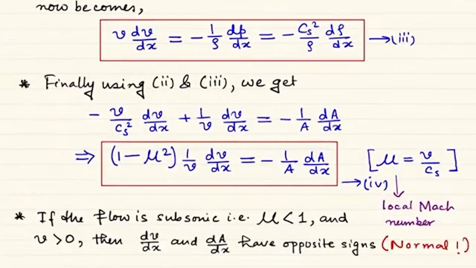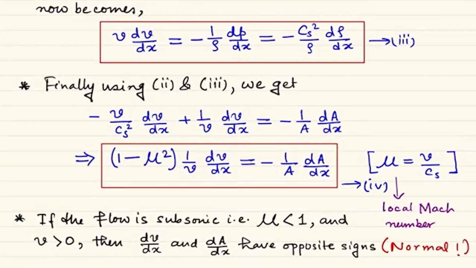In that case, since M is less than 1, this term is greater than 0, this is also greater than 0, so dv/dx and dA/dx are related with opposite signs, because something positive times dv/dx is equal to minus something positive times dA/dx.